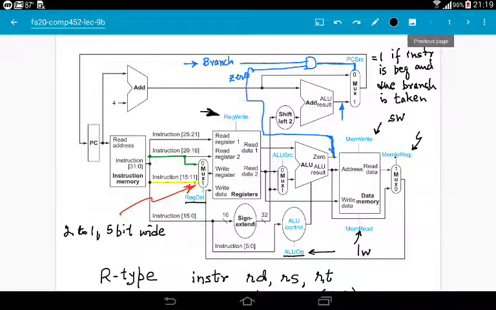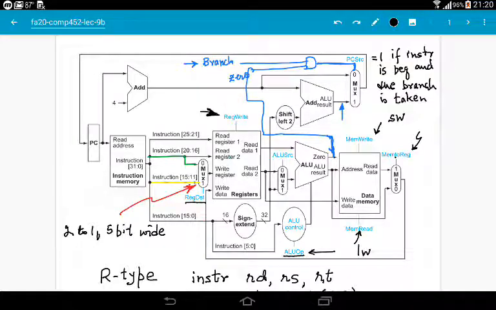Because the sign extender output will have to go through the multiplexer to the second input of main ALU, because this sign extender output is actually the offset that needs to be added to the value in RS register, and then the result is treated as an address of the data memory.